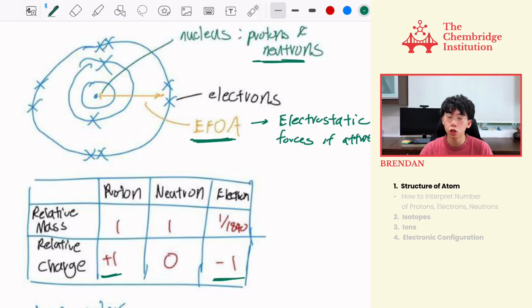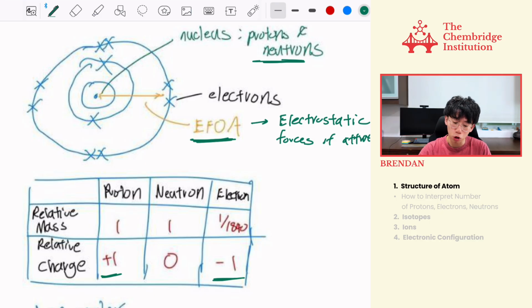You can imagine there's the equivalent of a magnetic force between the plus charge and the minus charge, but instead of magnetic force, it's called electrostatic forces of attraction. Because of this attraction, the shells stay around the nucleus, and they won't just fly everywhere.